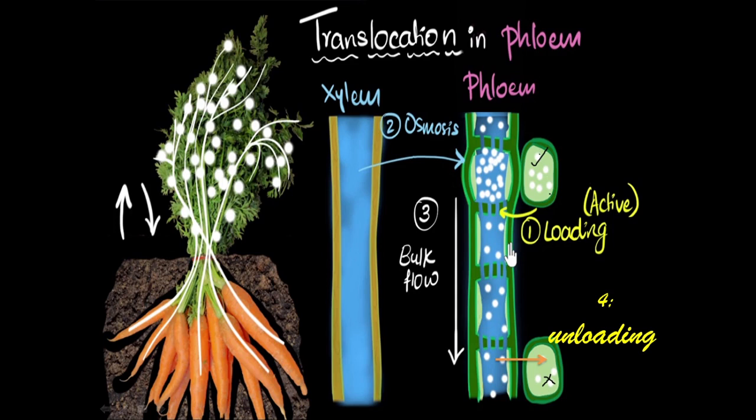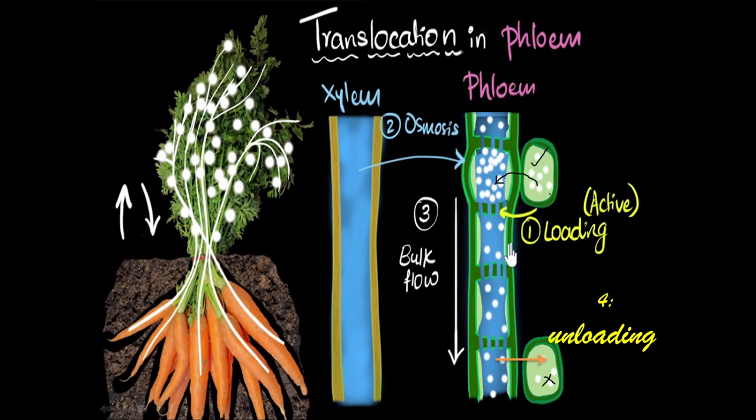The food particles, or solute particles, or glucose molecules present in this region will be transported to the phloem. Phloem is the tissue concerned with the translocation process. The glucose will be transported from the parts which already have enough concentration into the phloem, and here it is an active process, that is, ATP is used for the transportation of food into the phloem.